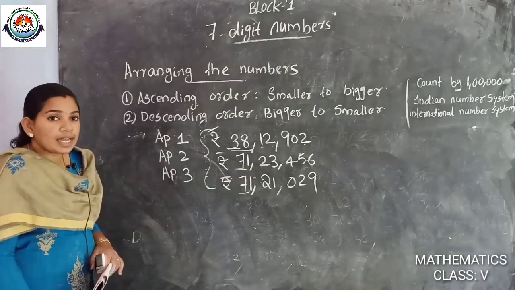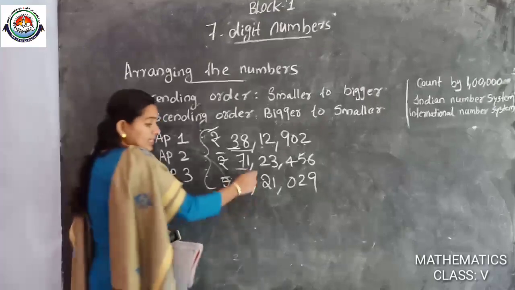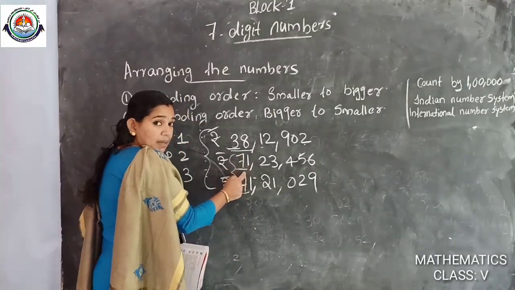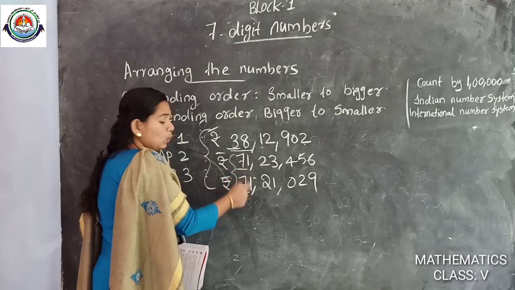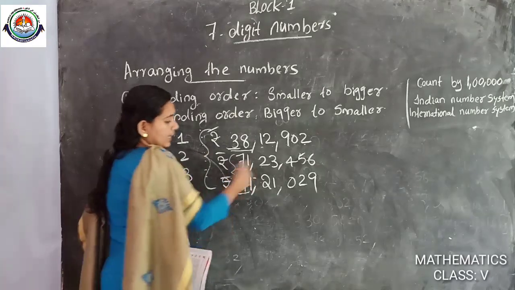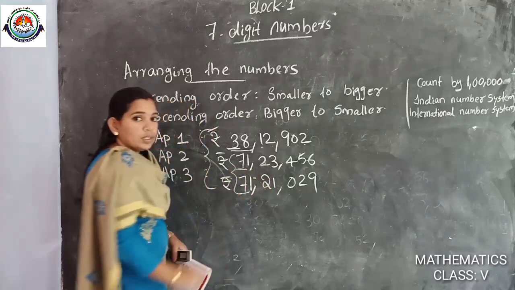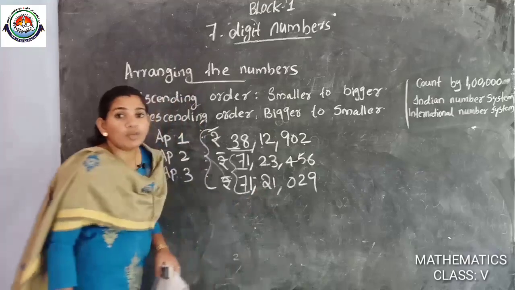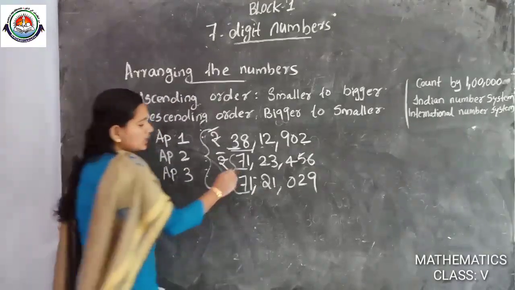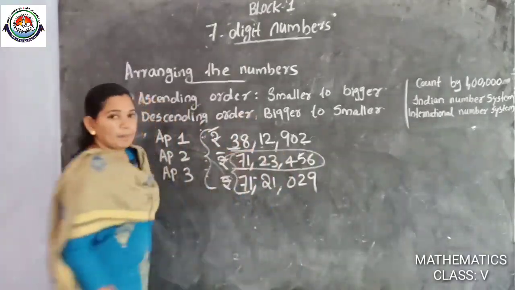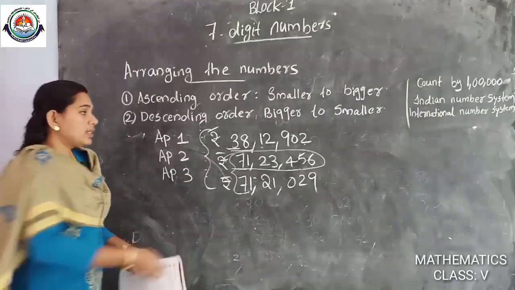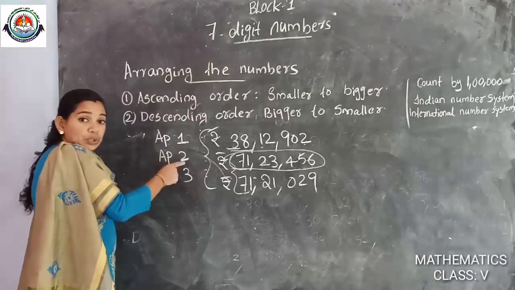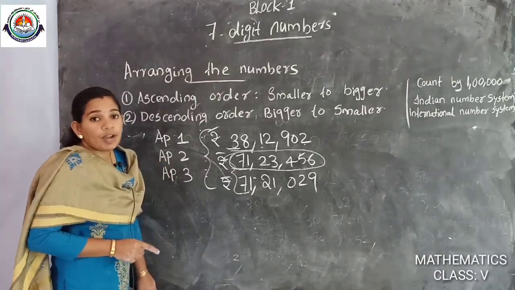Which is larger, 3 or 7? 7. Then we will check the next place, among these 2. Next place 1, 1, also the same. Next place 2, 2, also the same. The next place 3, 1. Which is larger, 3 or 1? 3. So this is the costly one, the largest amount. So apartment 2 is the costliest flat.